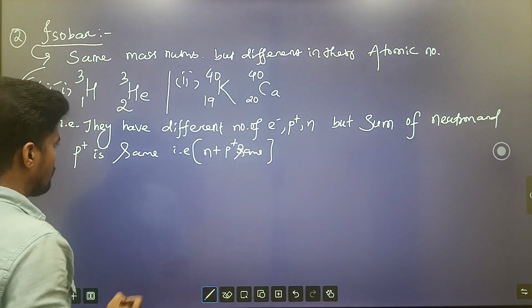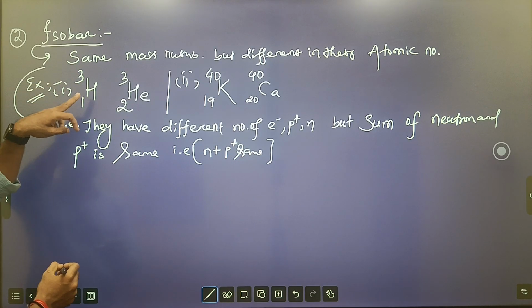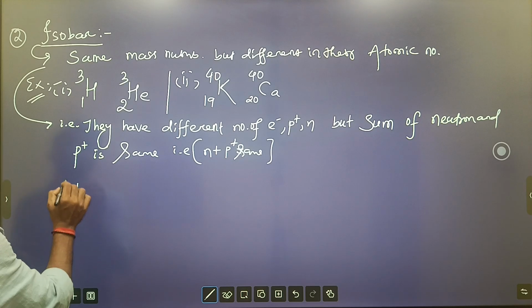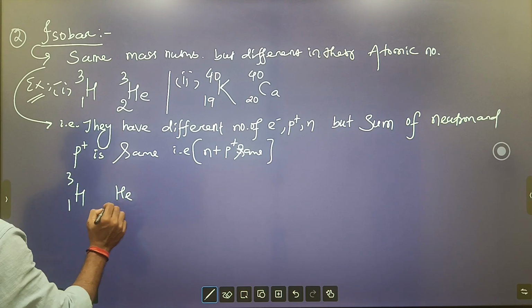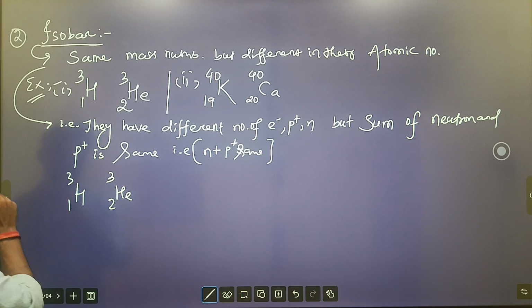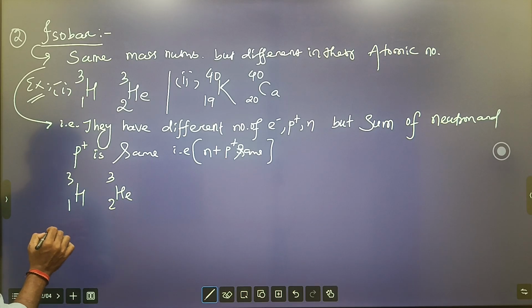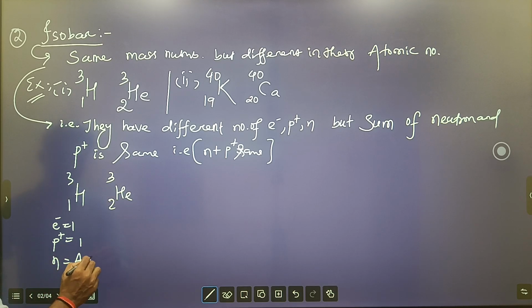Let's see how. In the first case, H 1 3 and helium 2 3. The number of electrons equals 1, protons 1. Neutrons are A minus Z, so 3 minus 1 equals 2.